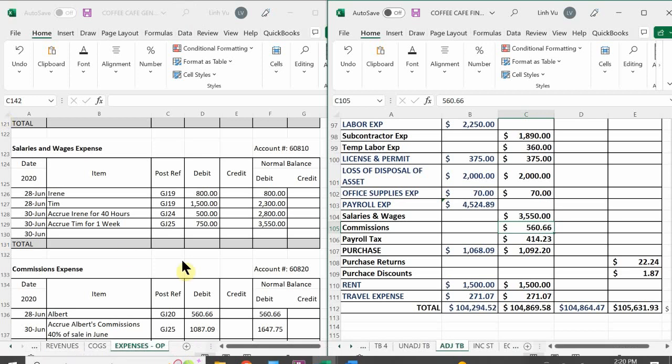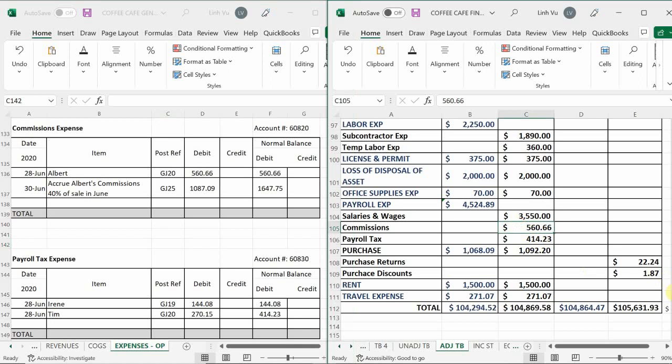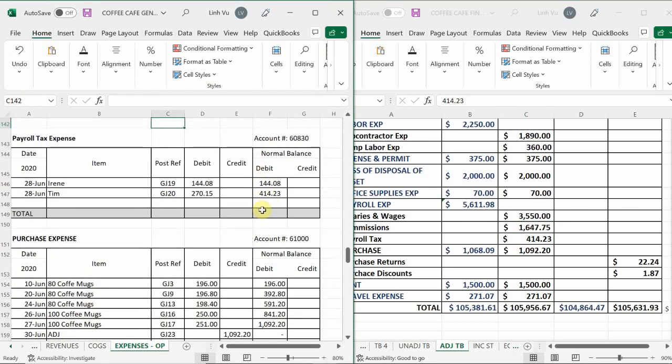Okay. My commissions expense has also increased for the accrual for Albert here for $1,647.75. Okay. And then of course payroll taxes is still at $414.